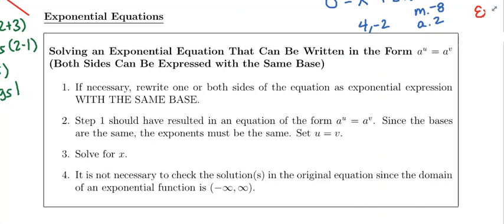What we've learned so far is how to solve an exponential equation that can be written in the form a to the power u is equal to a to the power v, meaning both sides can be expressed with the same base. You have a power of a equal to a power of a. If necessary, you need to rewrite one or both sides of the equation as an exponential expression with the same base.